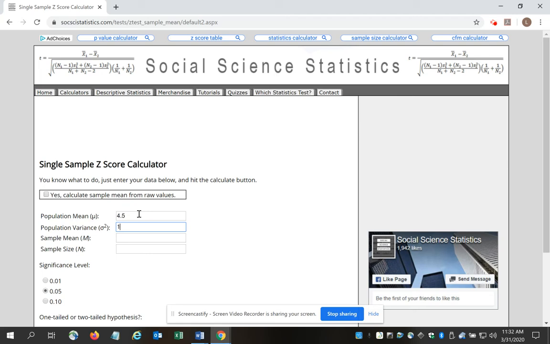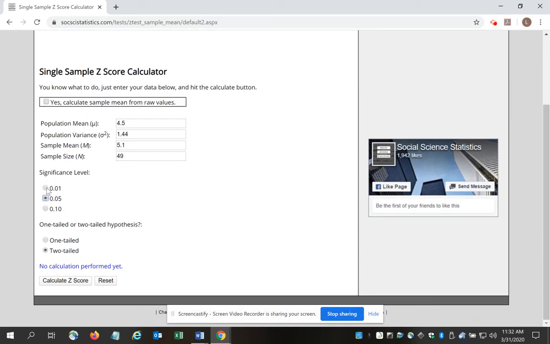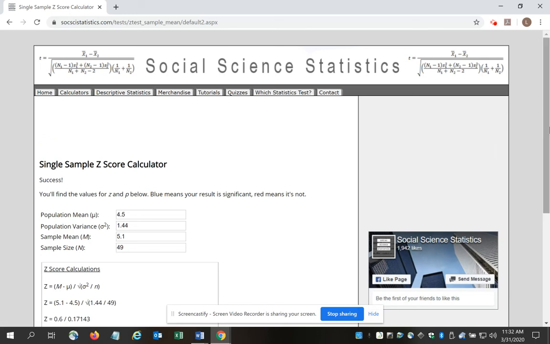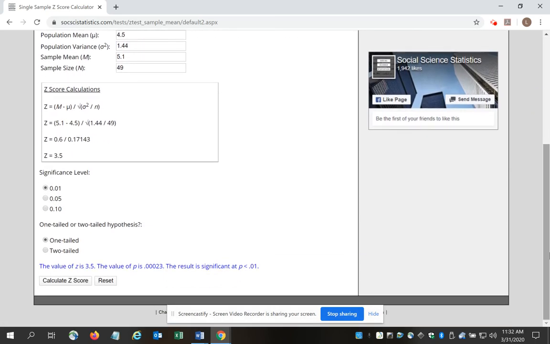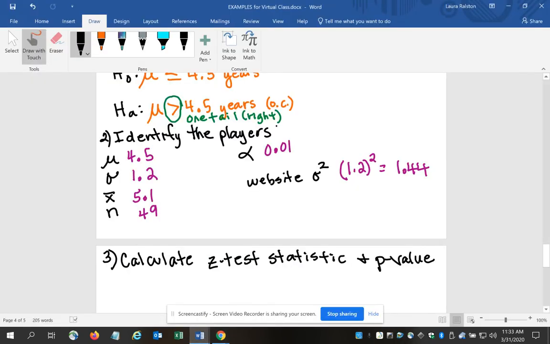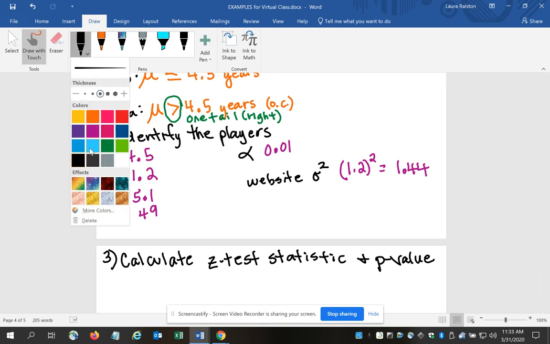My variance is 1.44. The sample mean I got was 5.1 for 49 students. I want to use a 0.01 level of significance, so I'm going to click the button next to 0.01, and it was a one-tailed test. Then we're going to calculate. And I'm going to scroll down, and it gives us a z value of 3.5 and a p value of 0.00023.